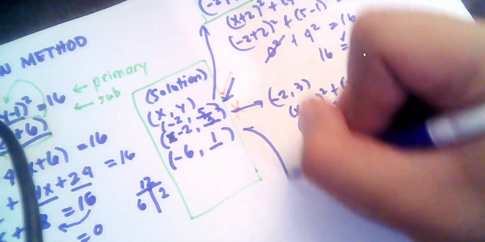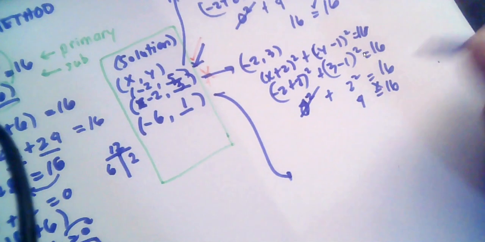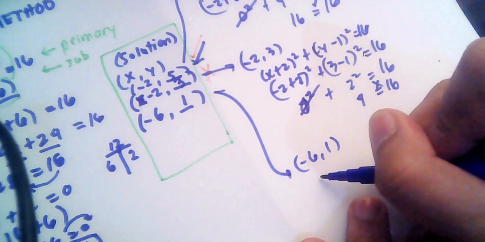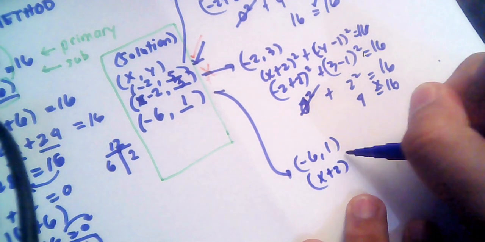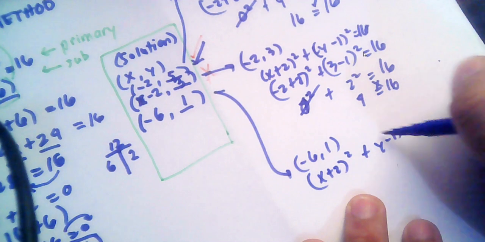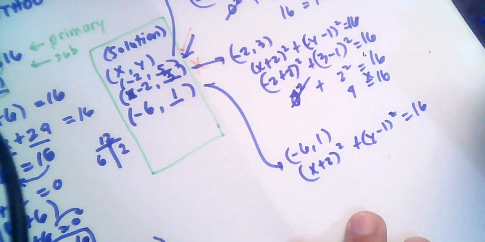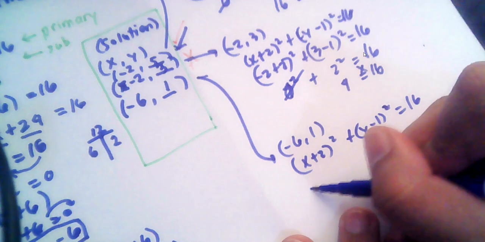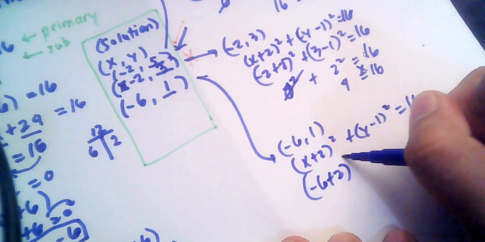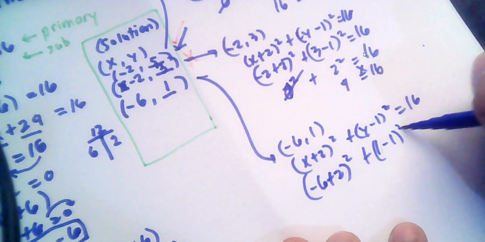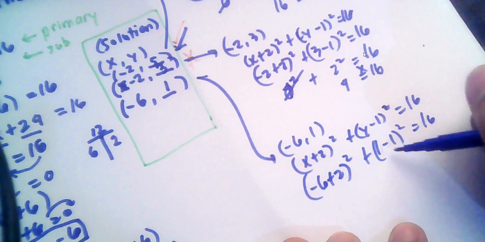And the last one, we have negative 6 comma 1. Let us see if this is a solution. We have x plus 2 squared plus y minus 1 squared. Let me copy the equation first. So you have x is negative 6 plus 2 squared plus 1 minus 1 squared is equal to 16. 1 minus 1, that is 0.